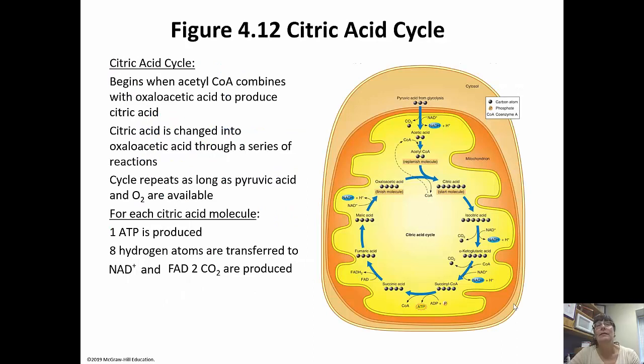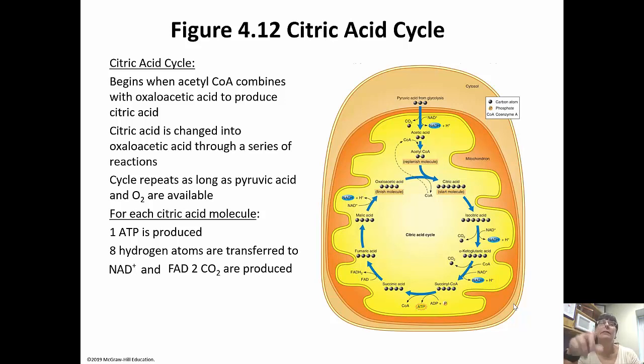So here's a summary of the citric acid cycle. Each acetyl coenzyme A is going to combine with oxaloacetic acid to produce citric acid, which is then going to be changed through a series of reactions, and the cycle is going to keep repeating itself as long as we have pyruvic acid and oxygen. 1 ATP is produced, and 8 hydrogen atoms are transferred to NAD+ and FAD. 2 carbon dioxide are produced as well.